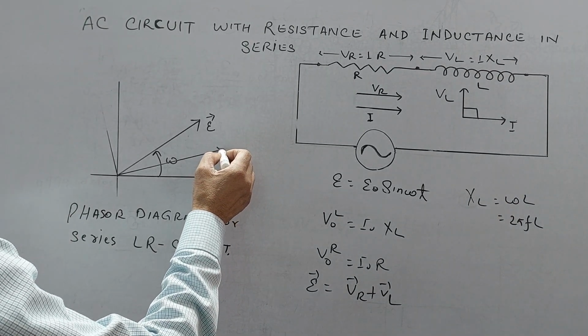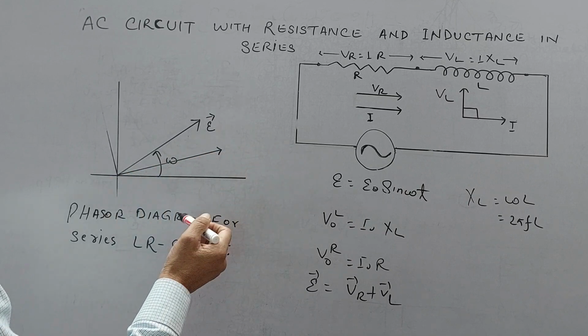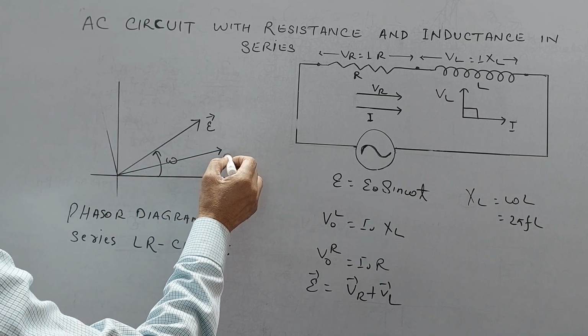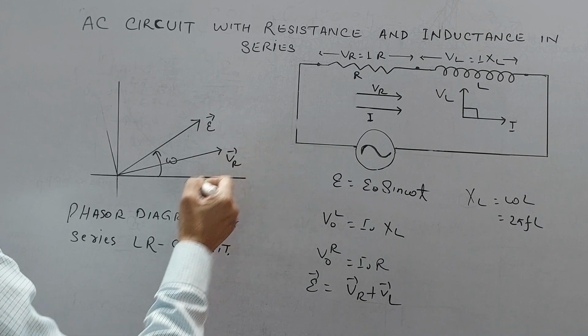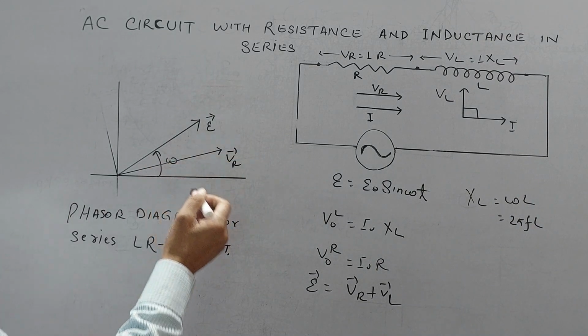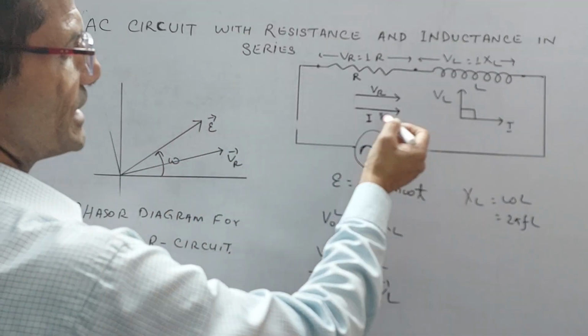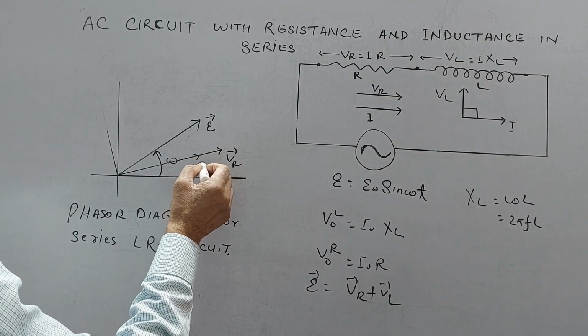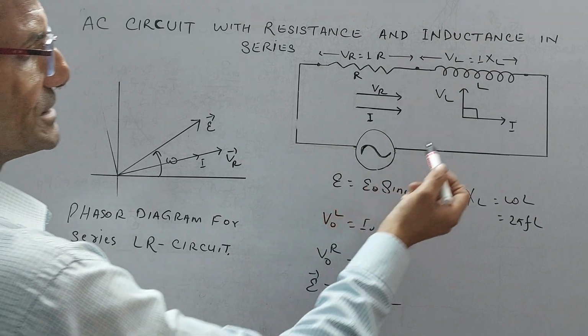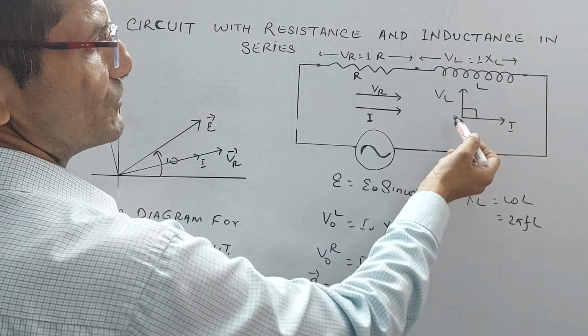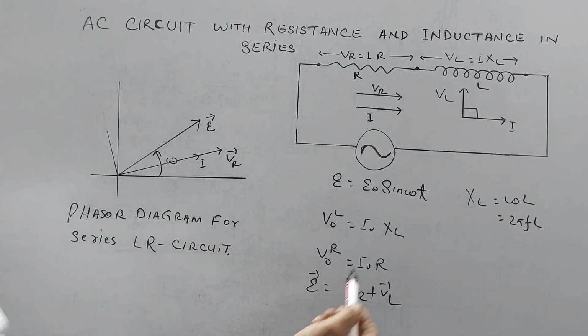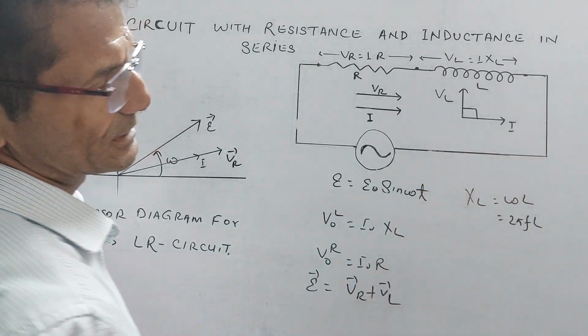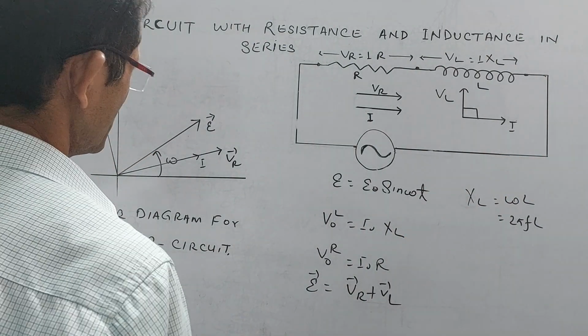Let us start. This vector is represented by the voltage across the resistor VR, and we already know that VR and I are in the same phase. Therefore, along VR, the current will also be. We already know that VL, the voltage across the inductor, always forms an angle of 90 degrees in the anti-clockwise direction.